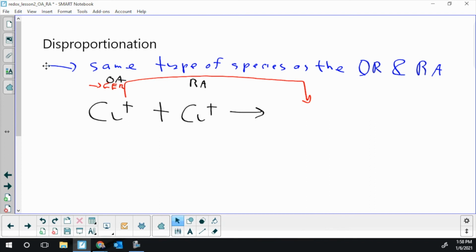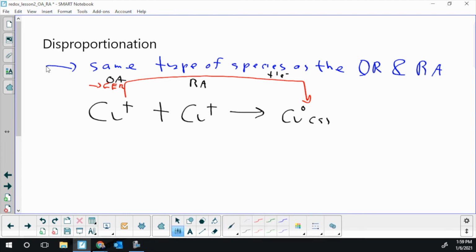So that copper is going to gain electrons, and you often have to look at your data table to see what possible charges are there. So as copper gains an electron, well, if it gained 1, it would be neutral, and we definitely know that copper can become neutral. Okay? There's no negative coppers. If you look at page 7 on your booklet, none of the metals become negative, so that's how I know it's a gain of 1 electron, +1 to neutral. So that's what the OA copper plus does.